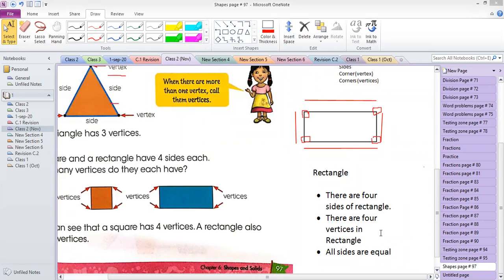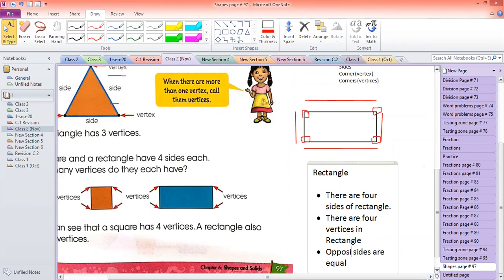But guys, if you see in a rectangle, opposite sides are equal. Look, this side is equal to this side and this side is equal to this side. If you have this side, the opposite of that side is this.